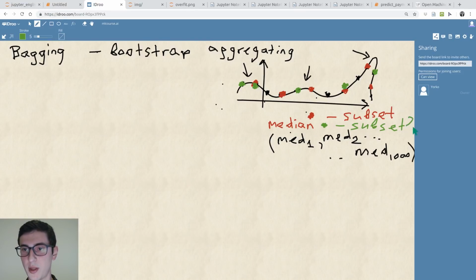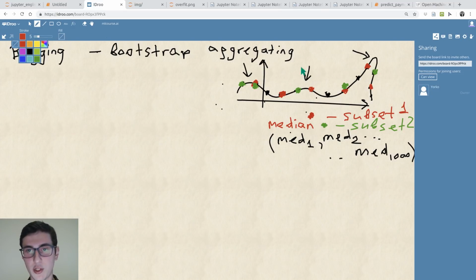So actually this will be the second subset, and red was the first subset. And we do it 1,000 times. Okay, and so returning these medians from medians, we get a really nice non-parametric estimation of the median of this initial distribution.